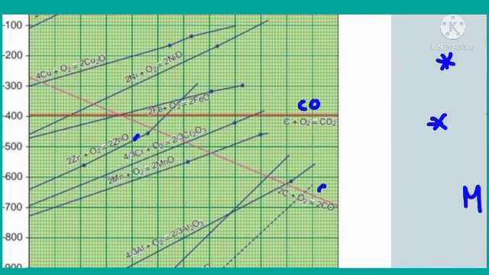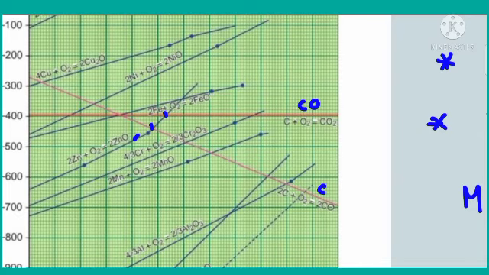Actually, this is the carbon line, isn't it? Look at this. The zinc oxide line and the carbon line are intersecting over here, isn't it? Then this is the point where the zinc oxide line and the carbon monoxide line are intersecting.